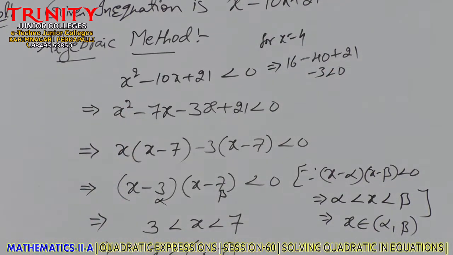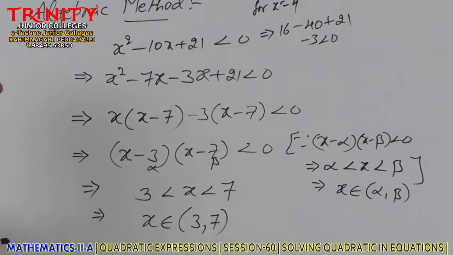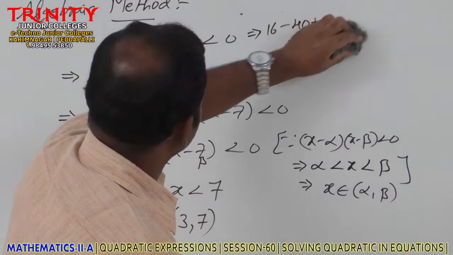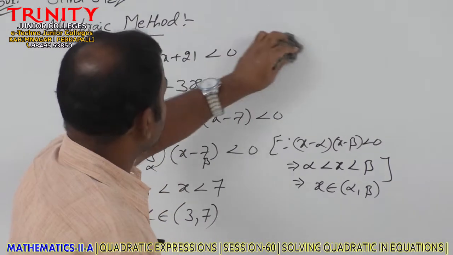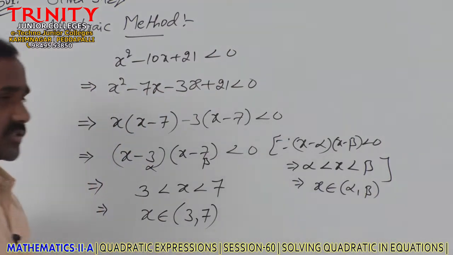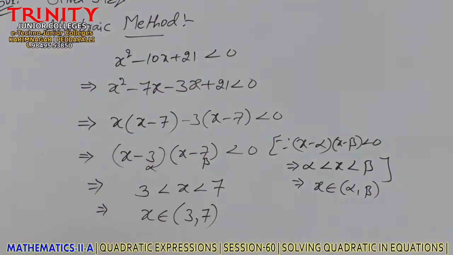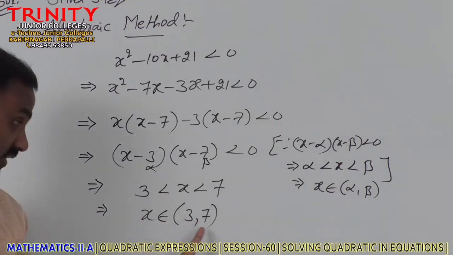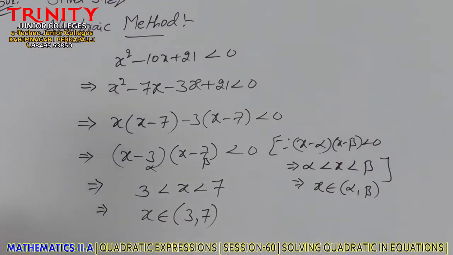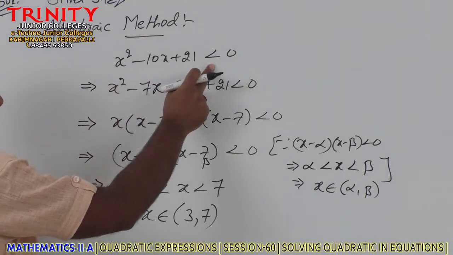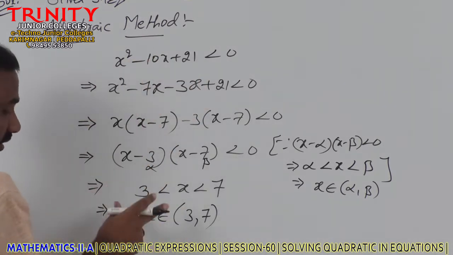Therefore, you can take any value, not only x is equal to 4, you may take x is equal to 5, x is equal to 6, even fractional values also. X is equal to 3.1, x is equal to 3.2, up to 6.999. But you can't take 7, you can't take 3. Therefore, this inequation is solved by the algebraic method.